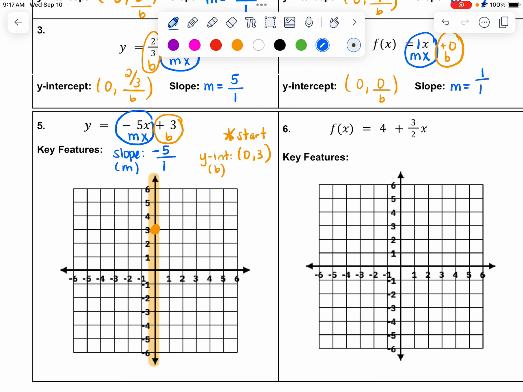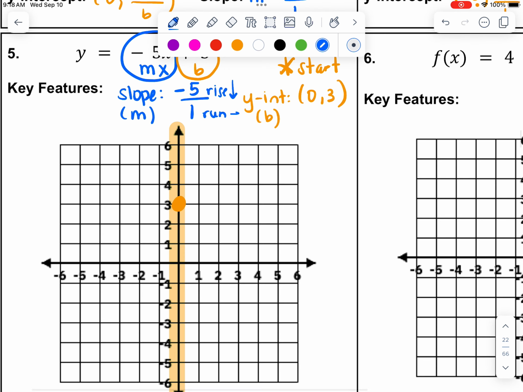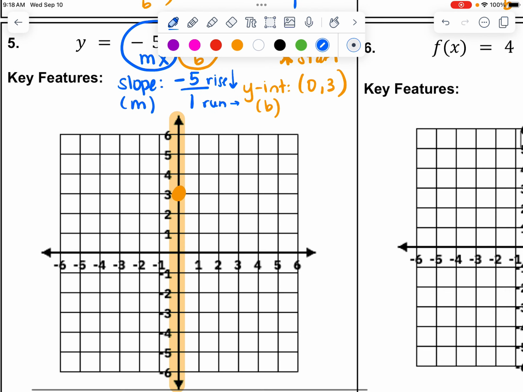Then I'm going to use my slope to move to the next point. My rise is -5 and my run is 1. So I'm going to go down 5 and right 1. From the 3, I'm going to count 1, 2, 3, 4, 5 down. I'm going to go right 1 and put a new point there.